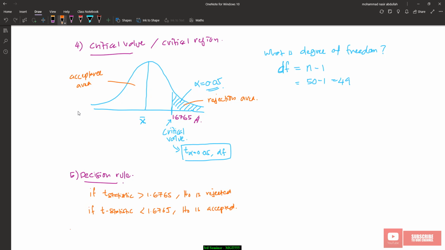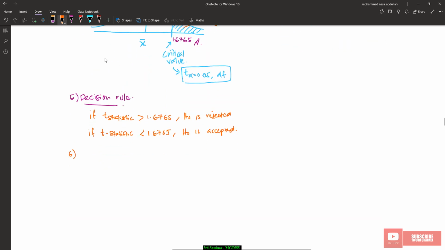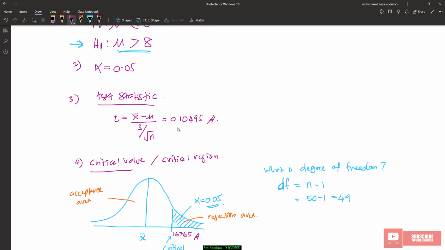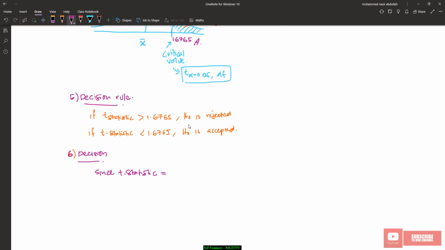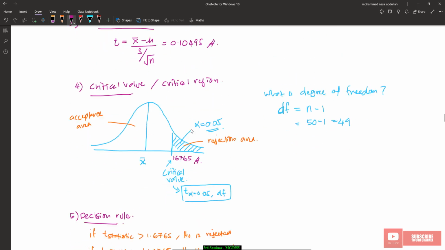So, step number 6, we're going to make a decision. Our decision, since the T statistic is equal to berapa? T statistic is equal to 0.10495, is it? Right?